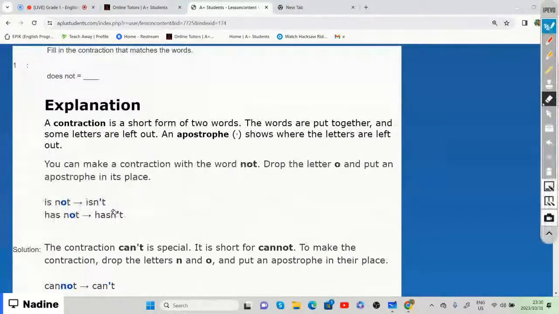Then we have has not. With has not, we have has and we have not. I remember we said that the first word stays the same.